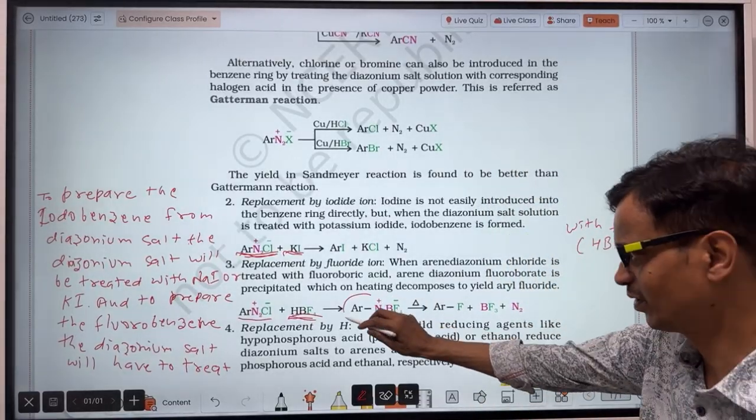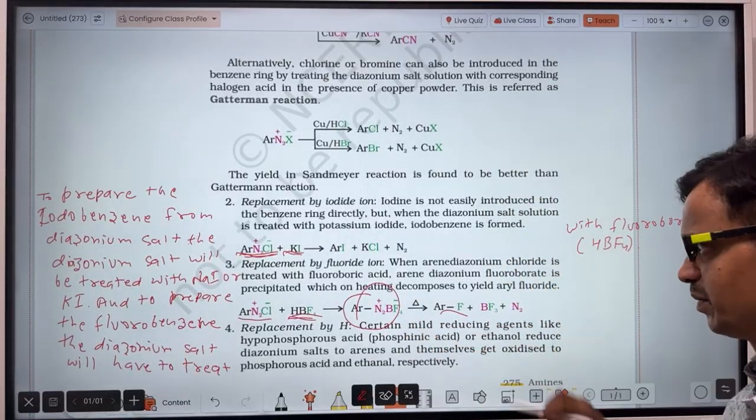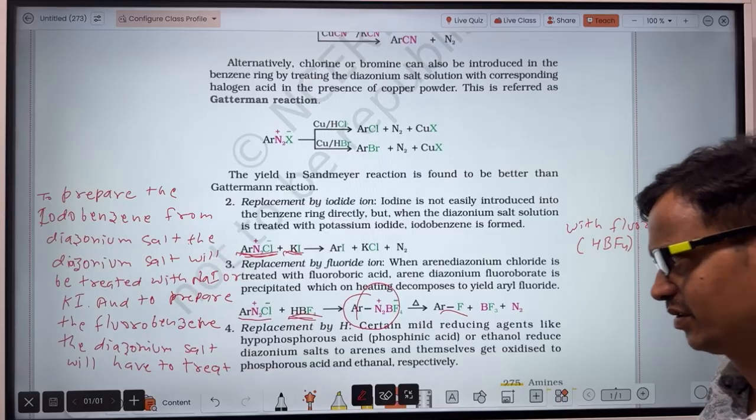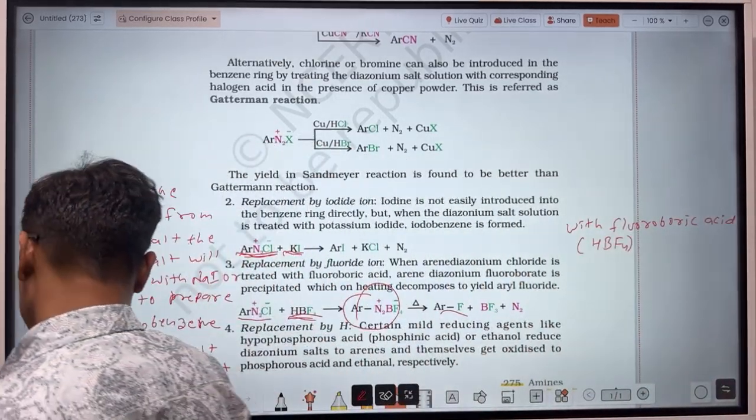Okay guys, this compound forms, and then after that fluorobenzene will form. Next, replacement by hydrogen.